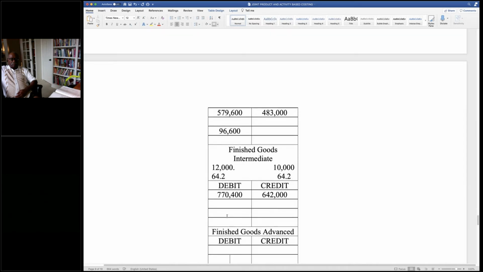What was the difference between these two? It was 642. Oh, you're talking about the difference between those two? Finished goods intermediate, the difference was 128,400.